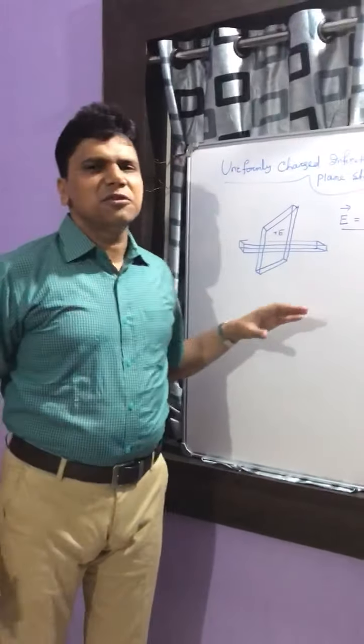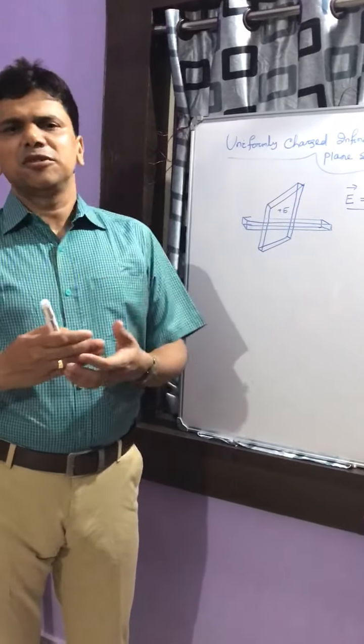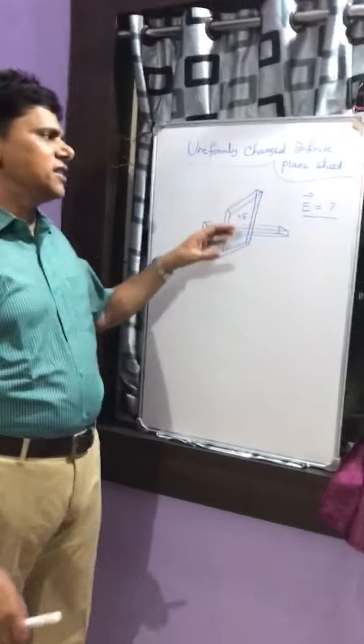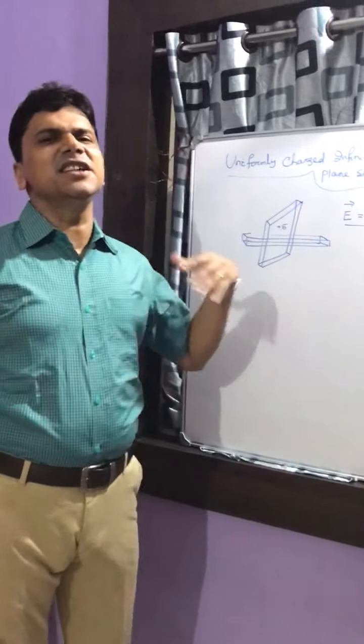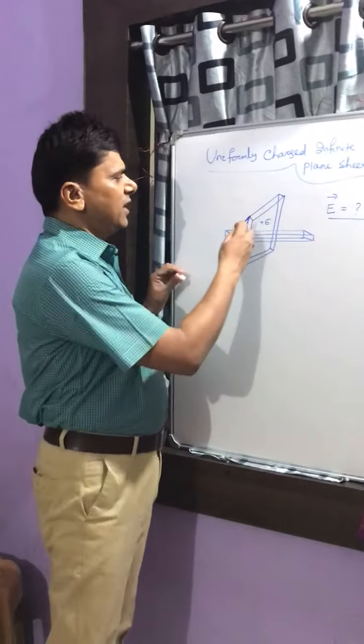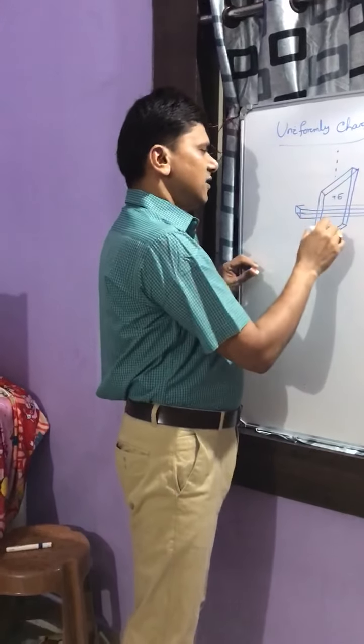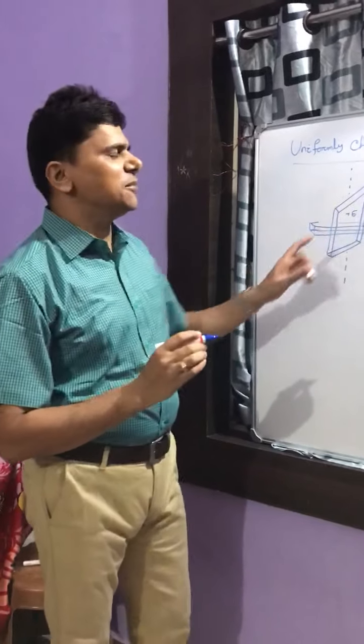To do that, we are taking the help of Gauss law, because we have already discussed that this law helps us calculate electric field in certain situations easily compared to Coulomb's law. So here I have taken an infinitely long plane sheet of charge.